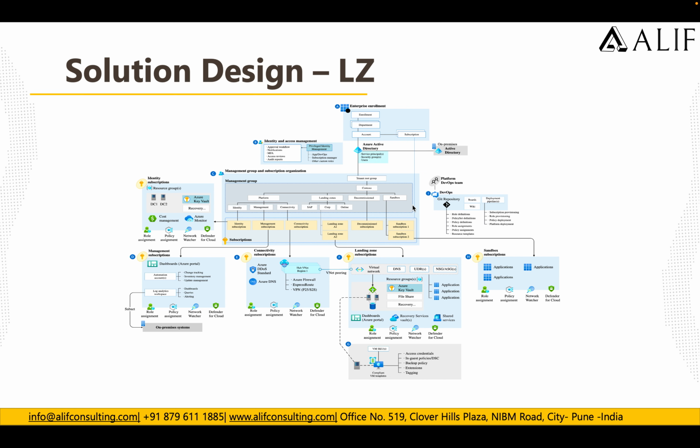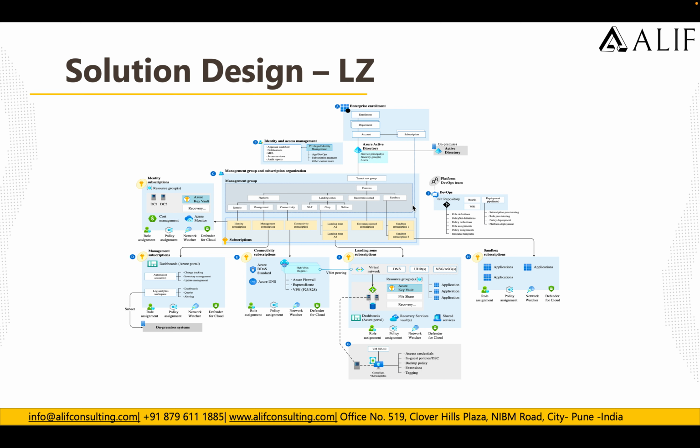At the same time, the customer had different resource groups, right? They had the landing zone subscription with certain resources like key vaults, recovery vault, and shared services, and then the connectivity resource group where they deployed their hub and spoke topology, and they used ExpressRoute to connect with the on-premise, right?